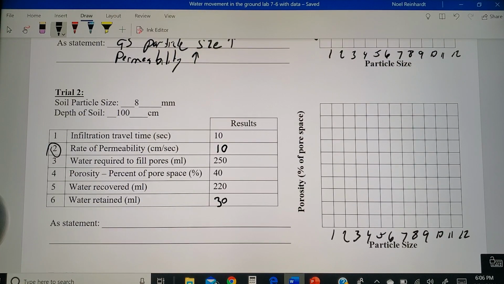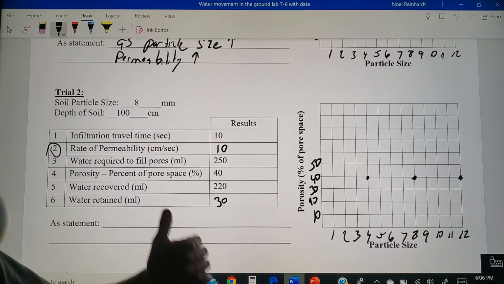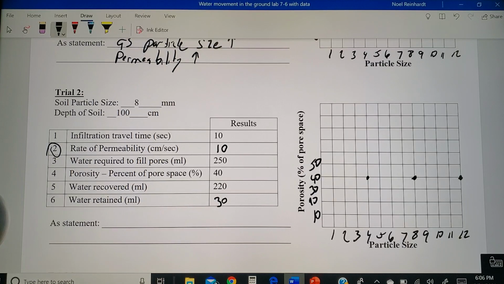It's this one here, porosity. So let's say you did 10, 20, 30, 40, 50. You wouldn't have to go any higher. And all of them were 40, right? So 4 is 40, 8 is 40, 12 is 40. Didn't matter how big the particle size was, it still was the same porosity. So you would connect it up, circle your points, and your porosity graph looked like that.